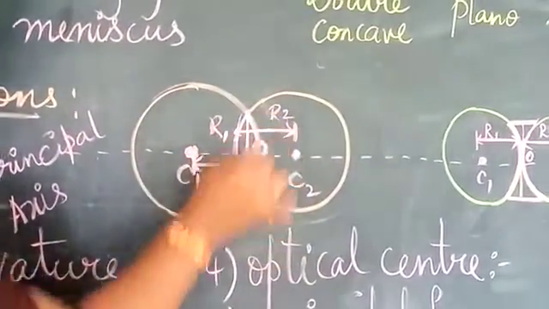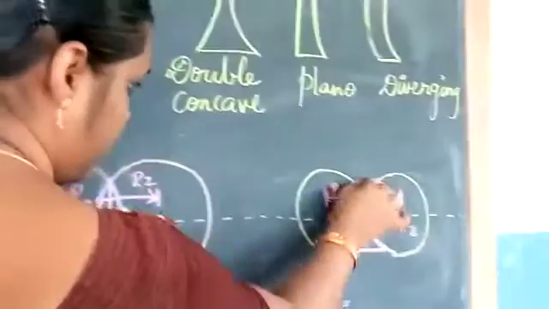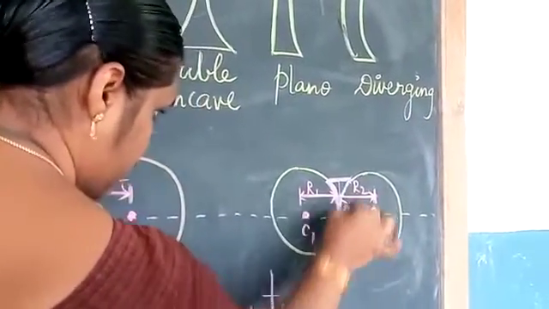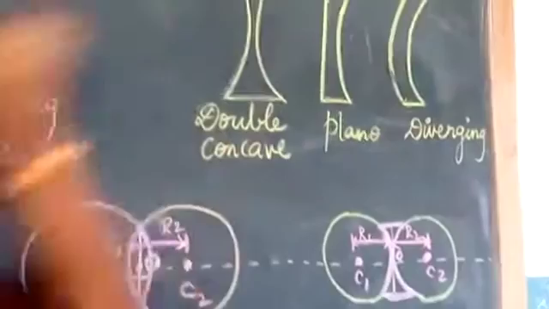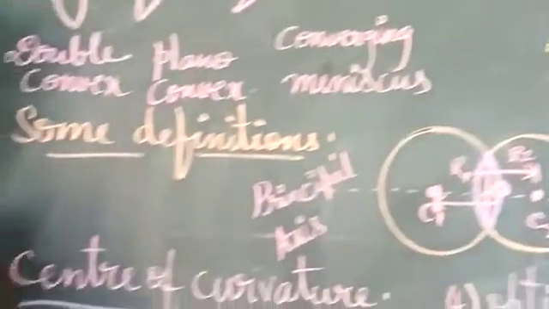This curved surface indicates it is convex. In this sphere, you can see this one which is with pink color. So this is concave.